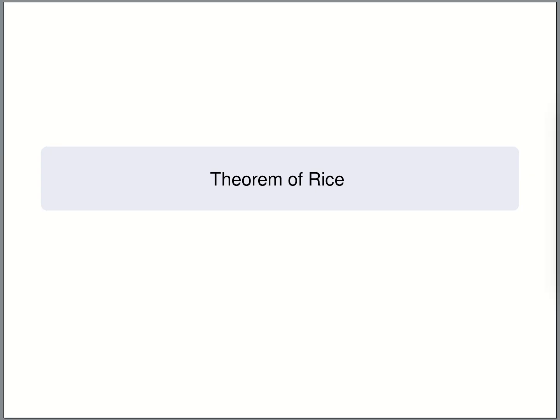The Theorem of Rice is very useful when reasoning about recursively enumerable languages. It tells us that every non-trivial property of recursively enumerable languages is undecidable.